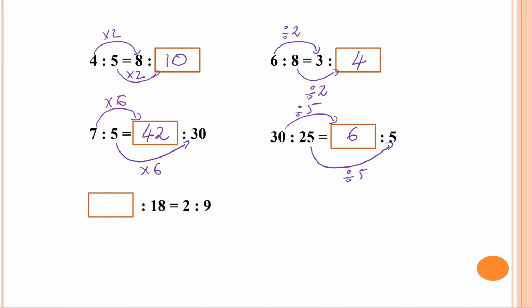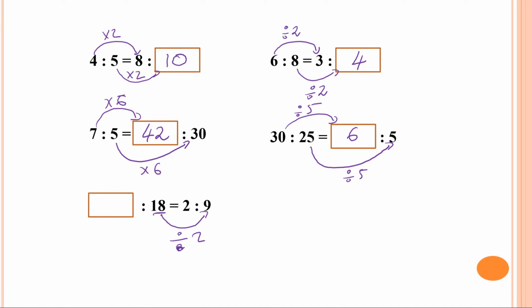Next one. Now this one here, something to 18 is equal to 9. So you need to know that 18 is matching with 9. 9 times 2 is 18, correct? So from 18 to 9, you divide by 2.